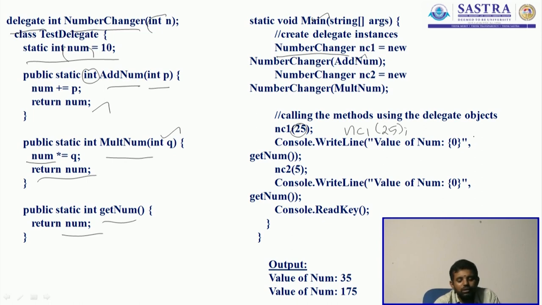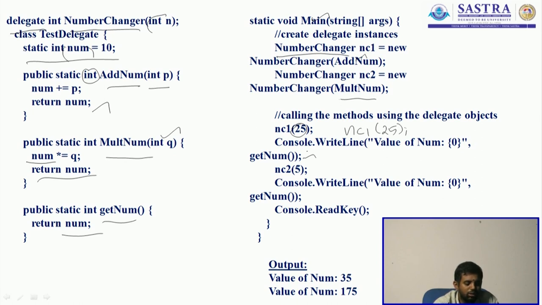So you will be in a position to display the outcome if you call the get num function, right? So nc2 is pointing to mult num, so that multiplication will be carried out, right? Already the value 10 is there, right? Then once you have passed 25, what happened? It has been added, 25 plus 10, 35 is available, right?